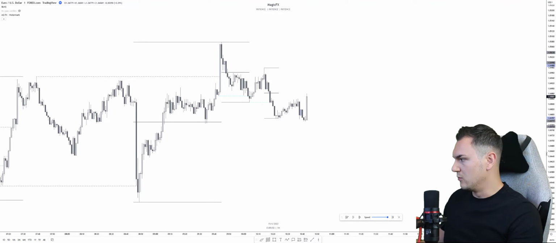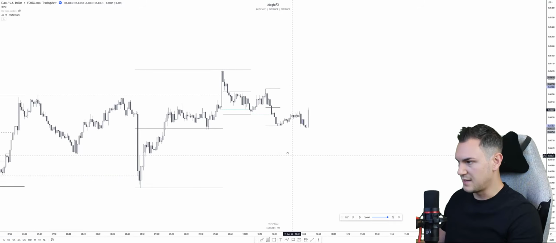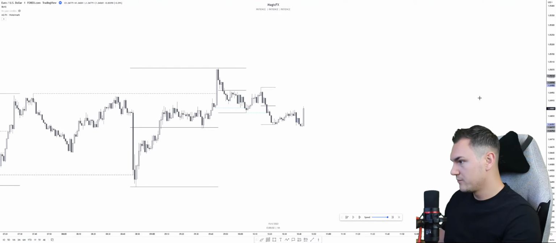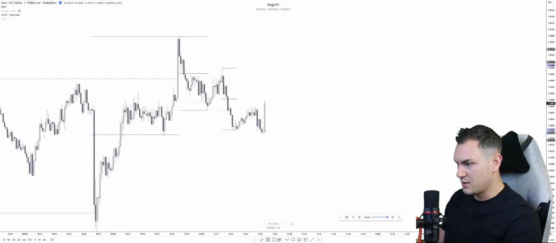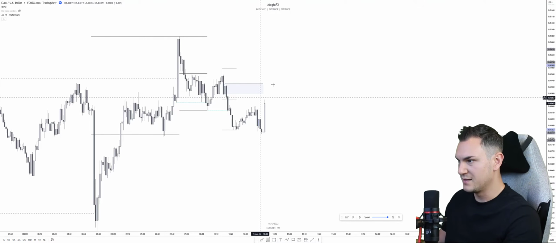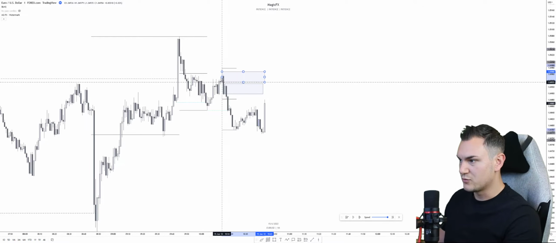Now, what we're looking for? Well, we're looking for price to mitigate a zone in here to take sells down further. Looking in this area, what do we want to see? We want to see price mitigate a valid zone in here, preferably the extreme.